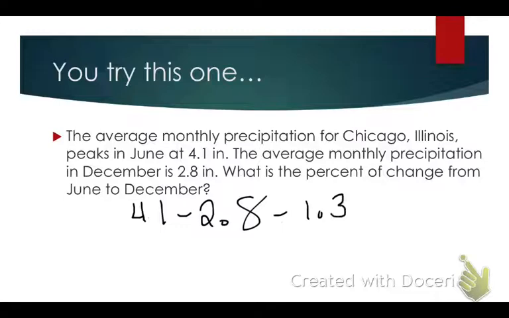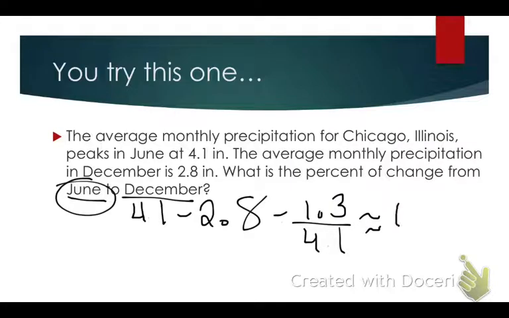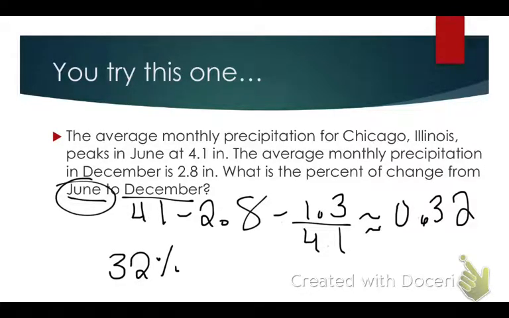So I'm going to take that change, divide it by the original. This is saying the change from June to December, so my original is June. So I'm going to divide it by 4.1. And that is approximately 0.32, because I'm going to round to the nearest hundredth. So it'd be a 32%. And again, it's decreasing, so I would write decrease. So there's a 32% decrease.